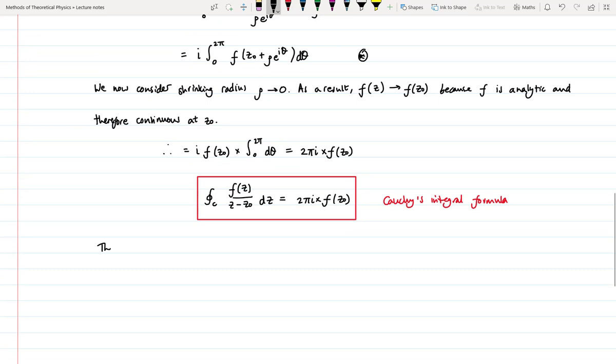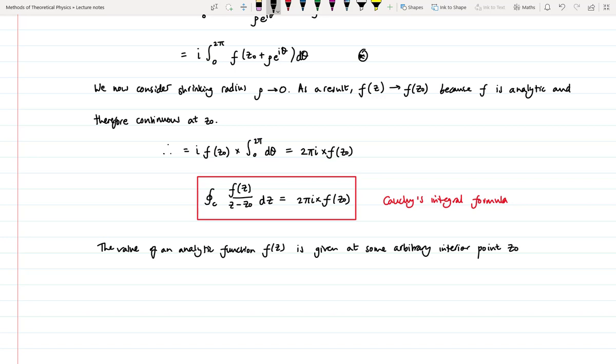This result means that the value of an analytic function f of z is given at some arbitrary interior point z naught once the values of f, and as a result the values of the integrand, on the boundary C are specified.